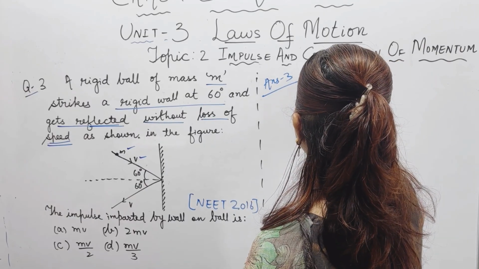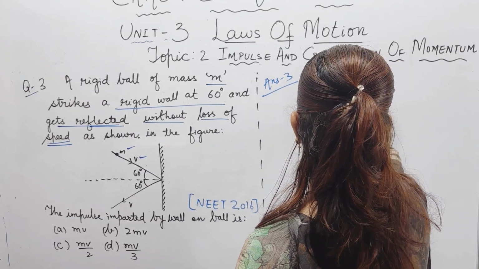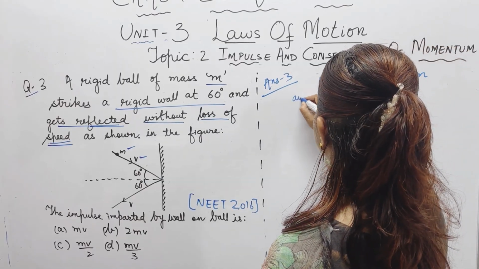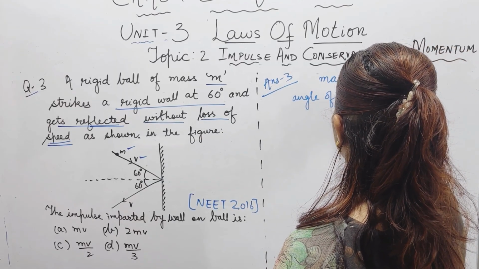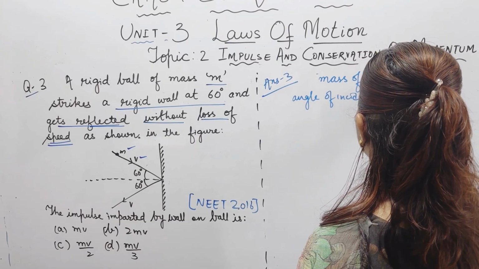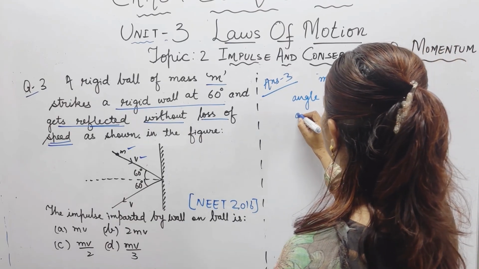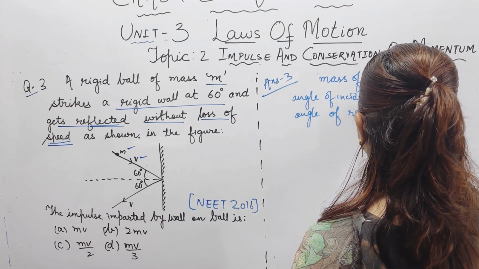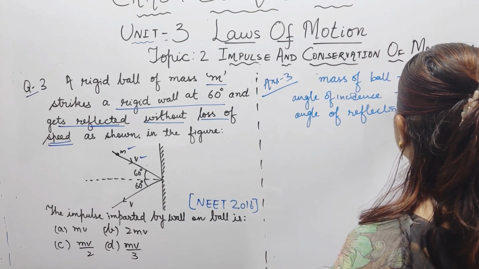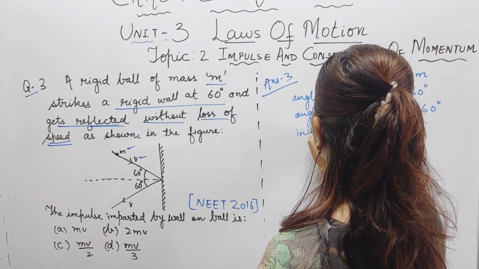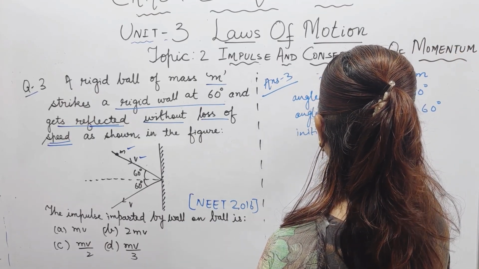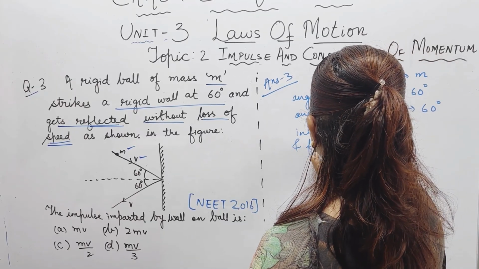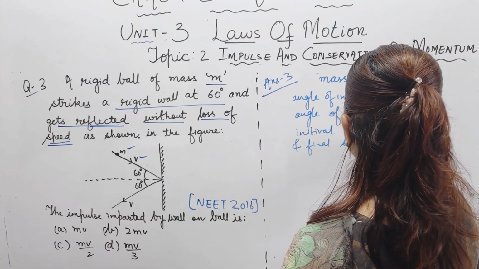Here, mass of ball is m, angle of incidence 60 degree, angle of reflection again it is 60 degree, initial speed v, and final speed also again is v.